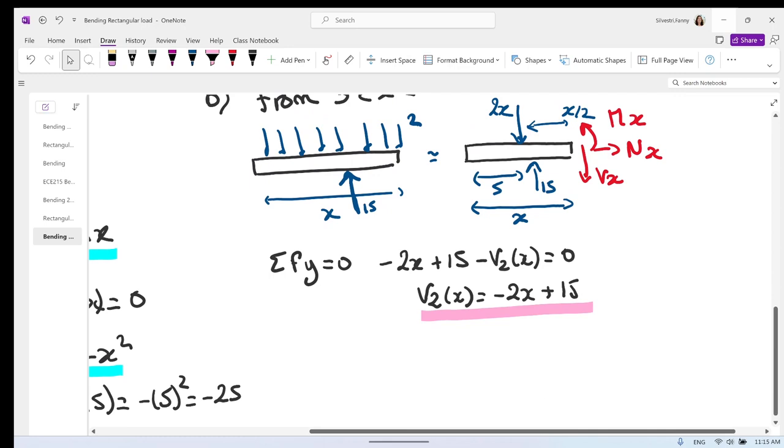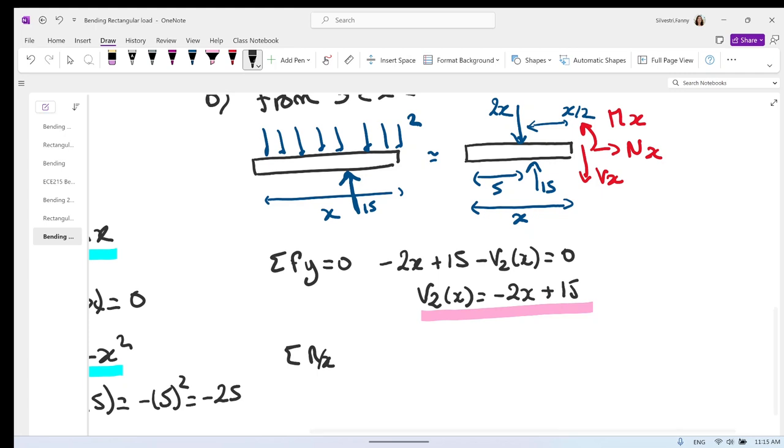And we can do now sum of the moments about, let's say, x equals 0. So we are about that point. The 2x creates a positive moment times the distance x divided by 2. The 15 creates a negative moment, so minus 15. And this distance there is x minus 5. x minus 5 times x minus 5, and Mx is positive, so plus M2 of x equals 0.